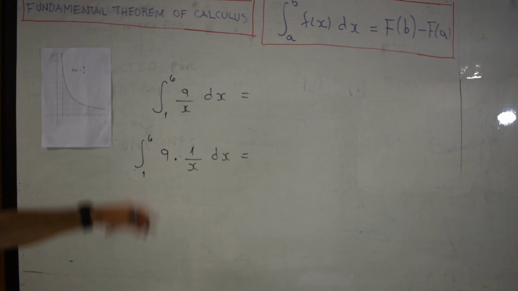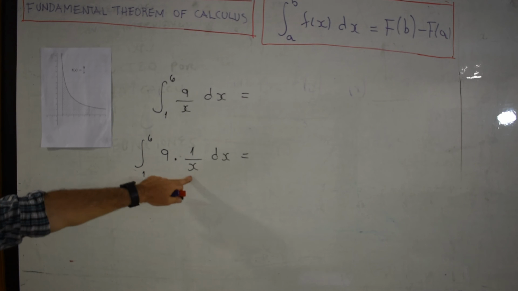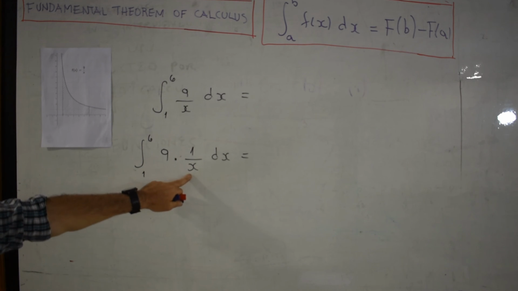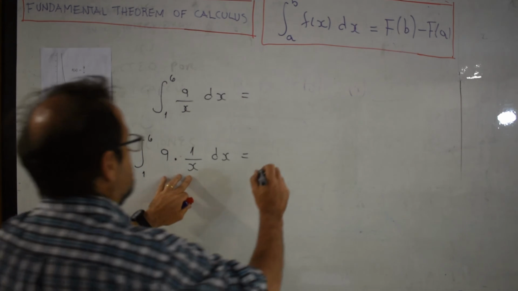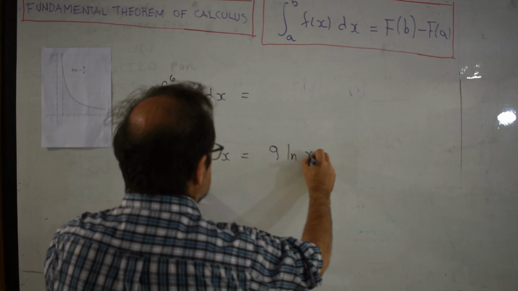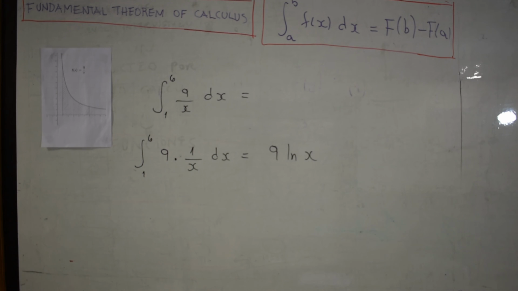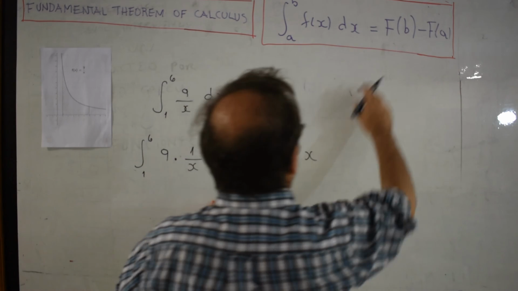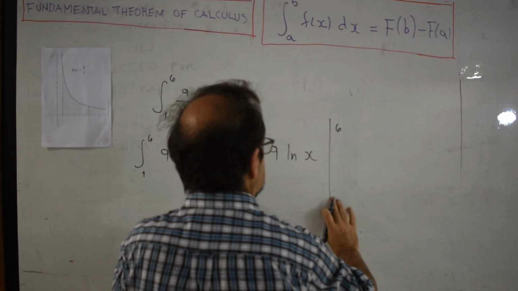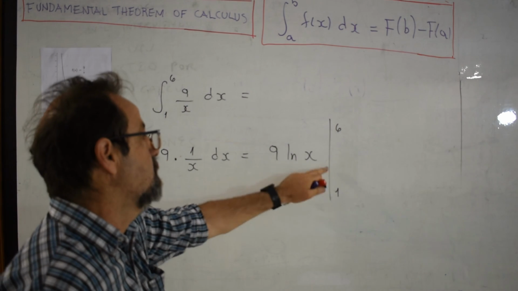The constant doesn't affect, but the indefinite integral of 1 divided by x, we found earlier that it was logarithm of x. So that would be 9 natural logarithm of x between 1 and 6. And to write this, we usually use this notation: 1 and 6. That means we have to calculate this on 6 minus this on 1.